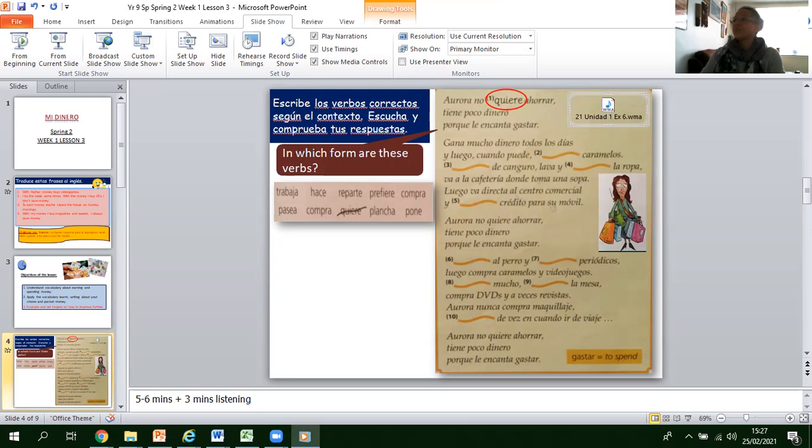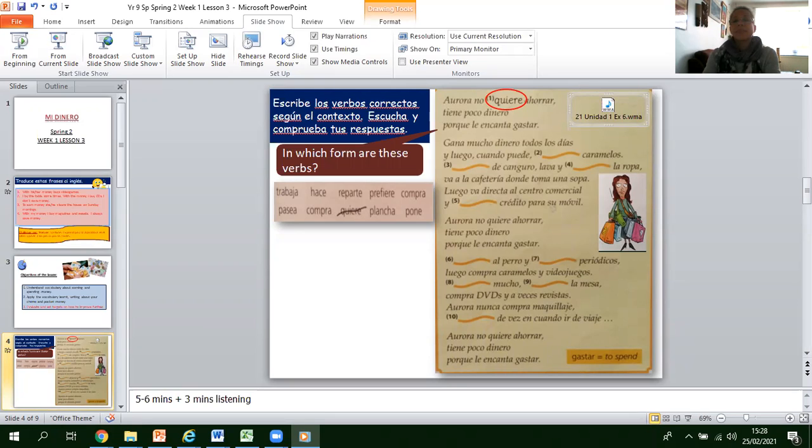Página 61. Ejercicio 6. Escribe los verbos correctos según el contexto. Escucha y comprueba tus respuestas. Aurora no quiere ahorrar.